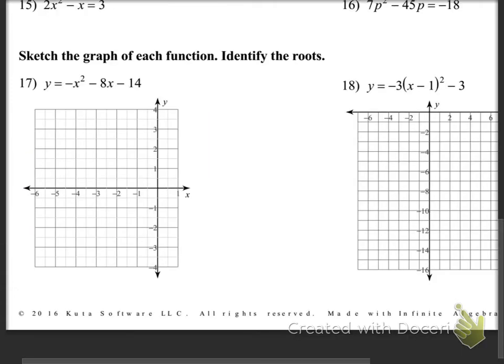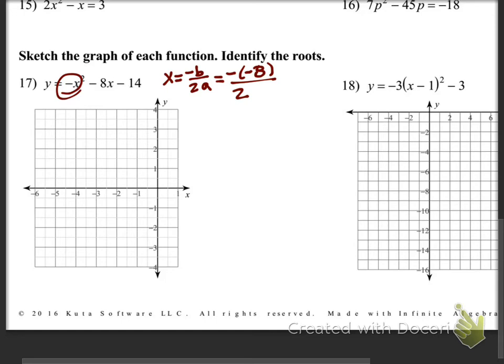Okay, last thing, we also went over number 17 from that same homework, so I will go over that here as well. The first thing you want to do is find the vertex. So I'm looking at the x-coordinate of the vertex, which is going to equal negative b over 2a. So I plug in my numbers for that. Negative b, well, b is negative 8, so this is going to be negative times negative 8, divided by 2 times a.